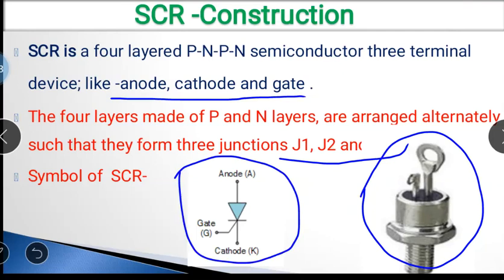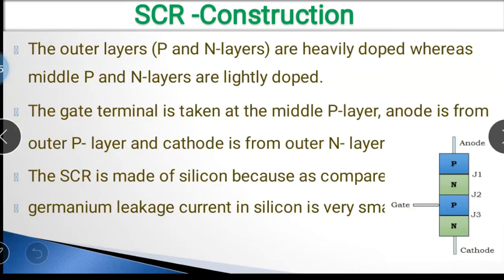In this symbol you can see there are 3 terminals: anode, cathode and gate. The outer layers, that means P and N, these 2 outer layers are heavily doped, whereas the 2 middle layers are lightly doped.